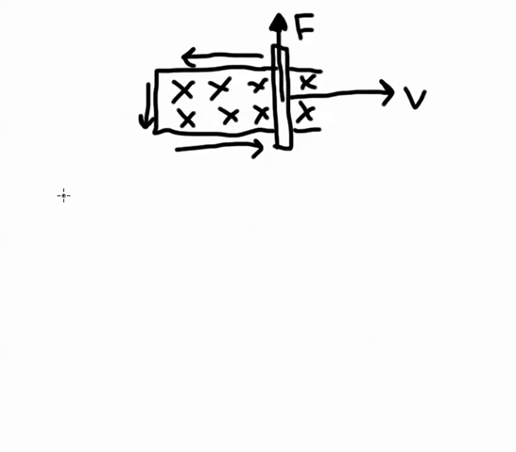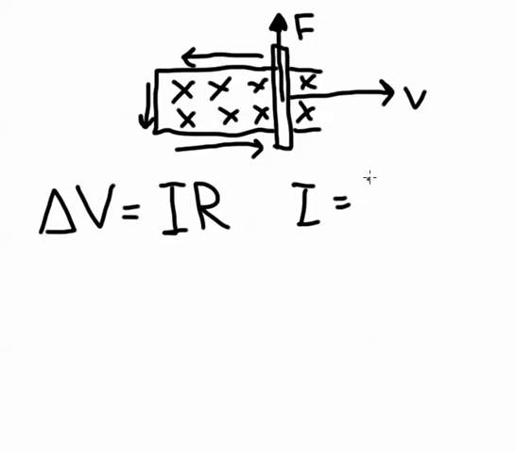So to do this, we would ordinarily have Ohm's law. We would say that the potential difference equals IR. So we would say that the current through the loop is equal to potential difference over resistance. But in this case, the force that is driving the electrons around the loop is not an electric force, it is a magnetic force.